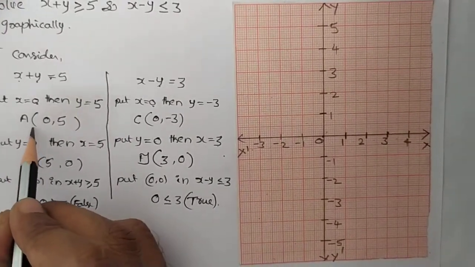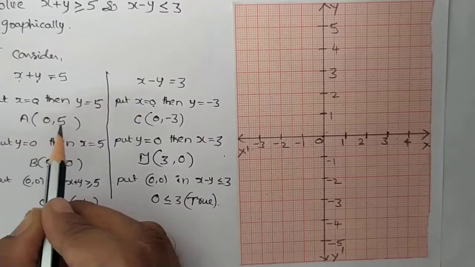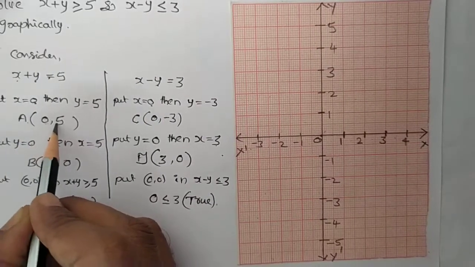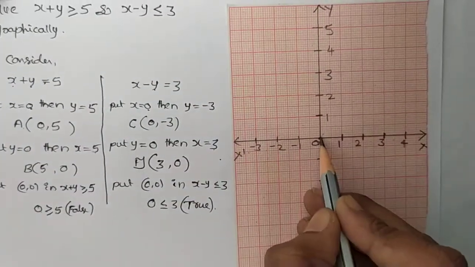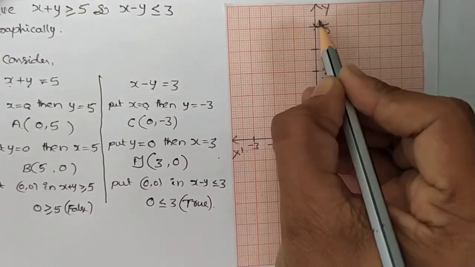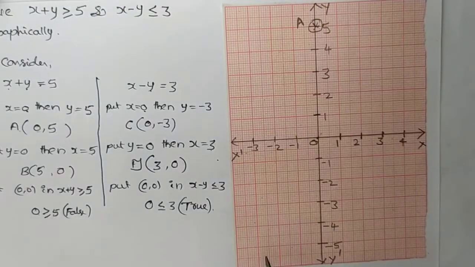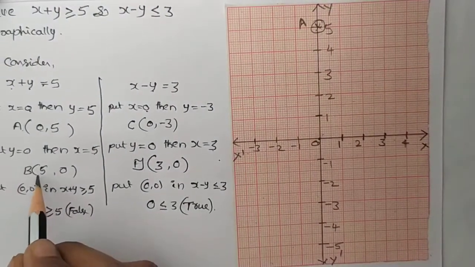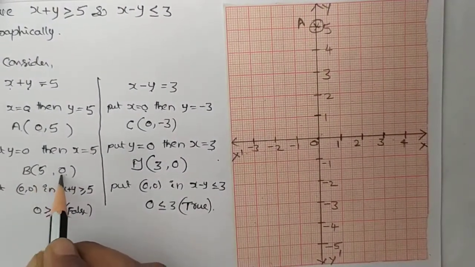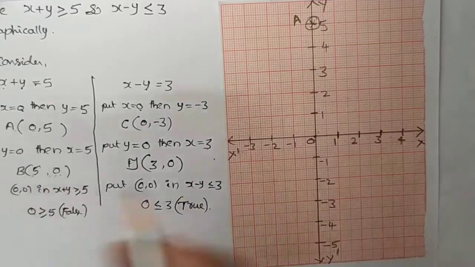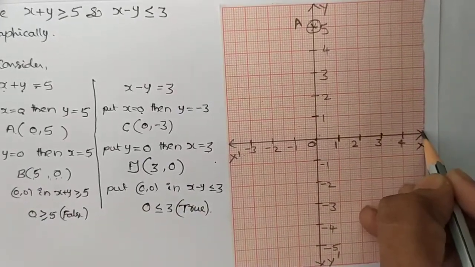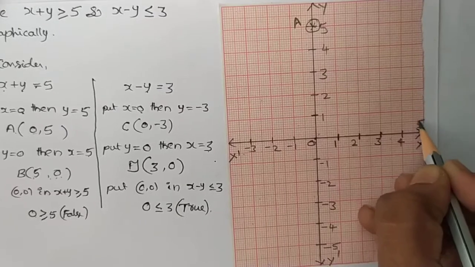first take the point A. A is x 0, y 5. X is 0, y value is 5. It is the point A. Next take the point B, 5 comma 0: x 5, y 0.